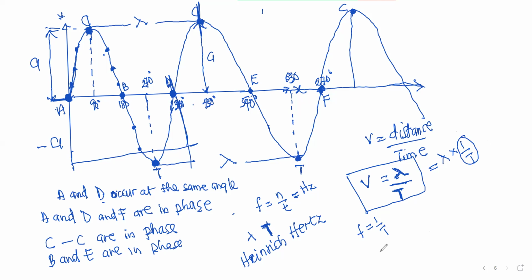So we can say that the speed of a wave is equal to its frequency times the wavelength. When we substitute F for 1 over T, the speed of a wave is F times lambda.